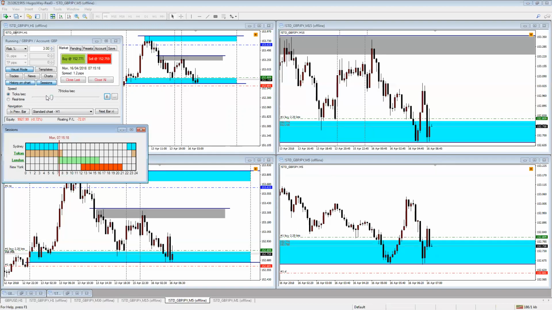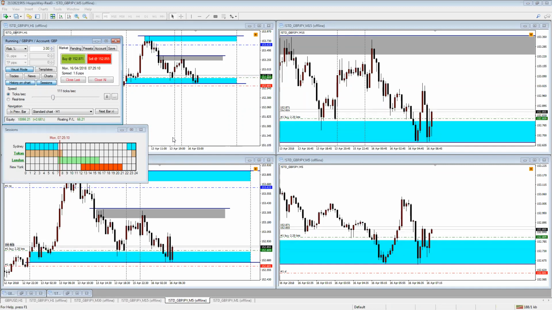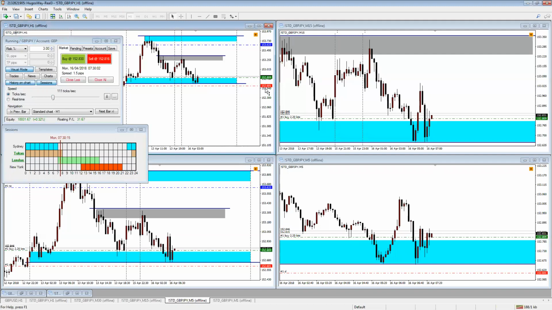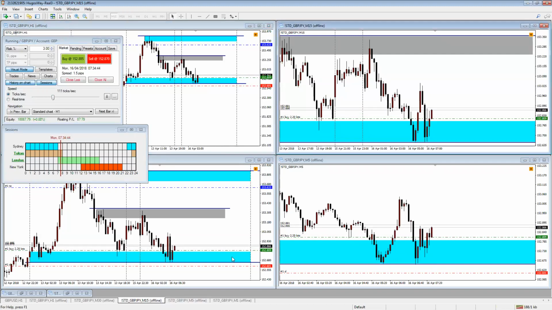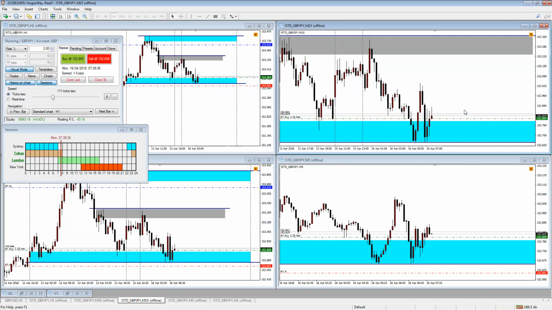Let's go. So far, so good. Based on the 30 and 15, we don't have the bearish candle.